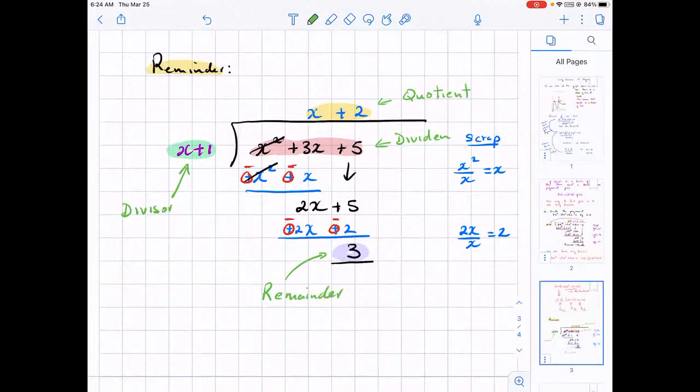The remainder. So we should know what the dividend is, we should know what the quotient is, and we should know what the divisor is when we talk about these things. Okay.